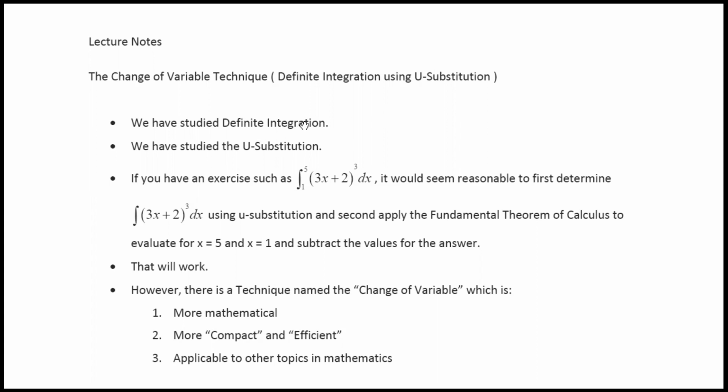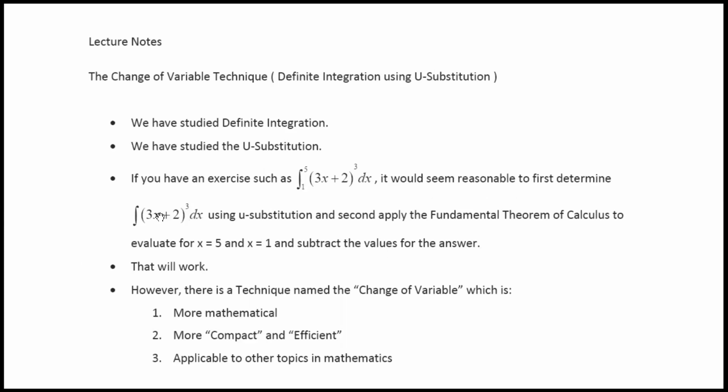Now, we've studied the definite integral, and you're going to need that to understand this lesson. And we have studied U substitution. You're going to need that to understand this lesson. If you have an exercise such as find the antiderivative of (3x plus 2) cubed dx from 1 to 5, it would seem reasonable to first determine the integral without any numbers.